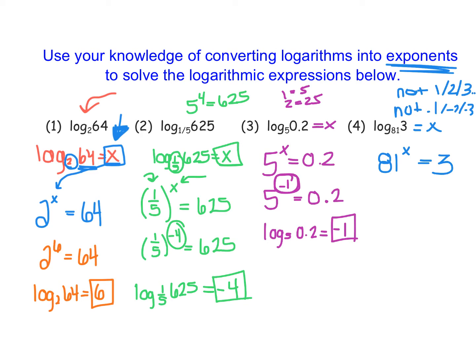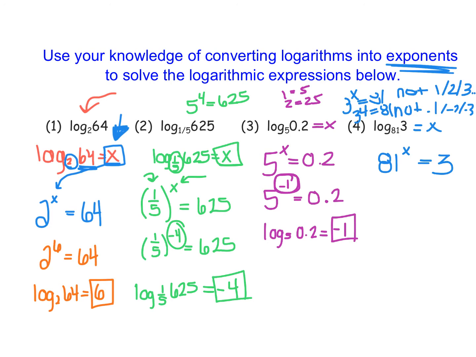What I do know, though, is that 3 to the power of 4 equals 81. So I'm going to start experimenting a little bit because I know that 4 might be important here. So instead of doing negative 4 or 4, I'm going to try 1/4, making sure I put it in parentheses so that it accurately does it.